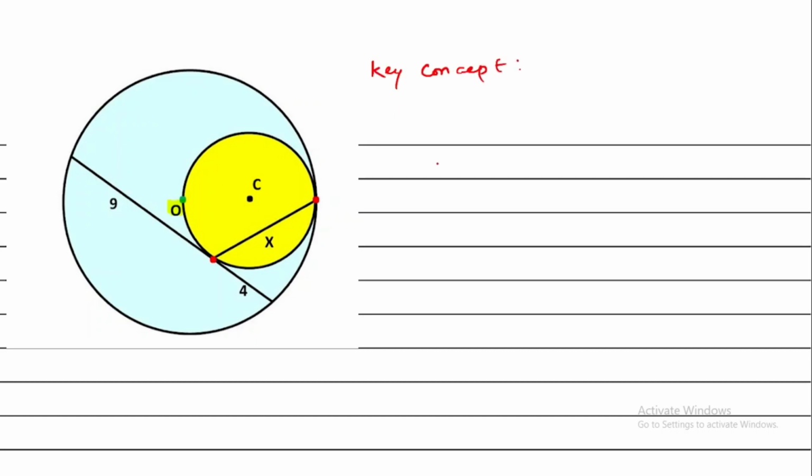Suppose we have a circle and two chords inside the circle which are passing through each other, cutting each other at a point.